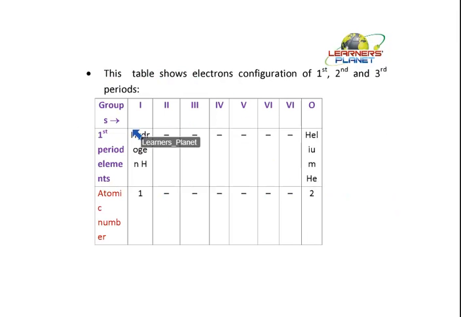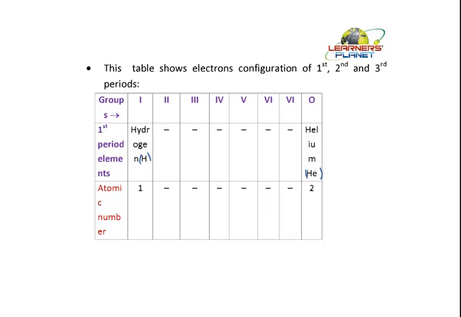Let's see this table. This table shows the electronic configuration of the first, second and third periods. So this is the first period. What are the elements? Hydrogen and helium. What is their atomic number? It is 1 and 2. Now let's take up the electronic configuration.